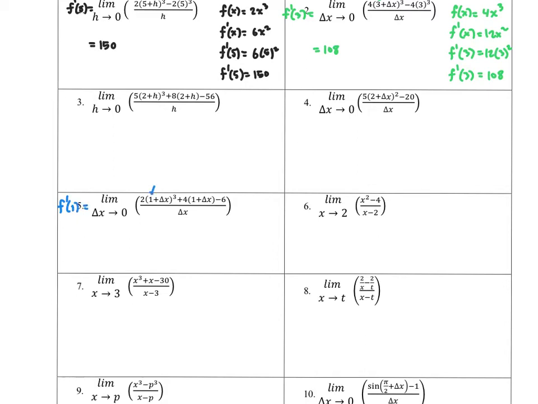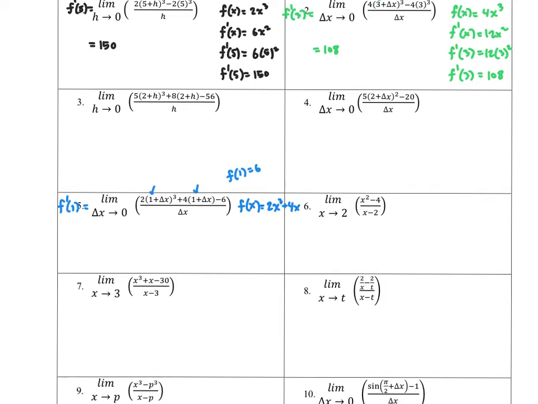I see it being evaluated at 1, and I see that f of 1 is equal to 6. So it looks like f of x will be equal to 2x cubed plus 4x.